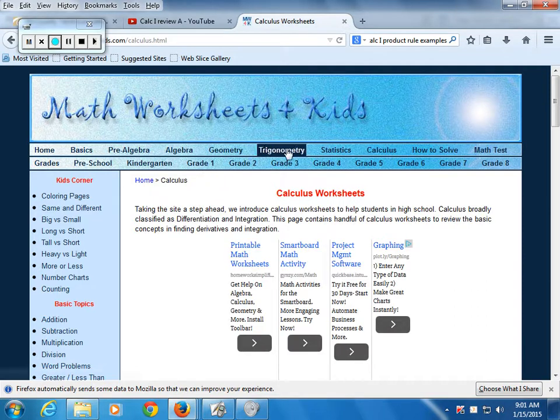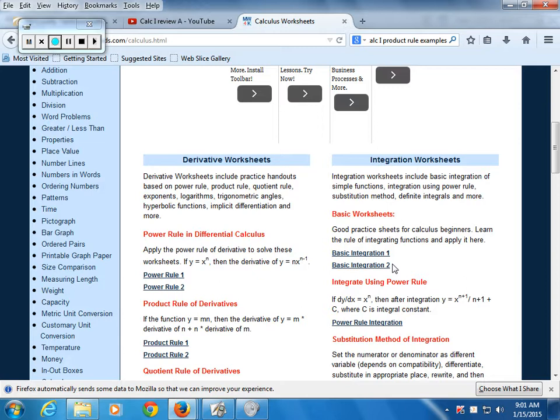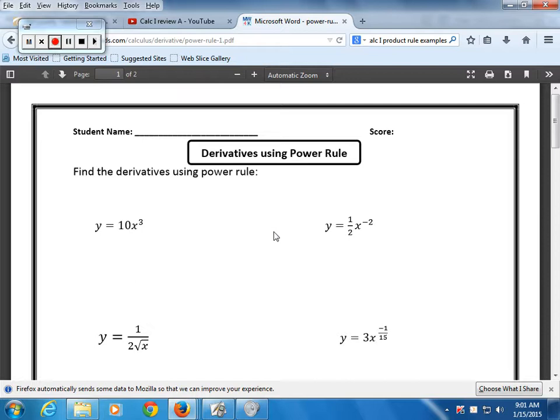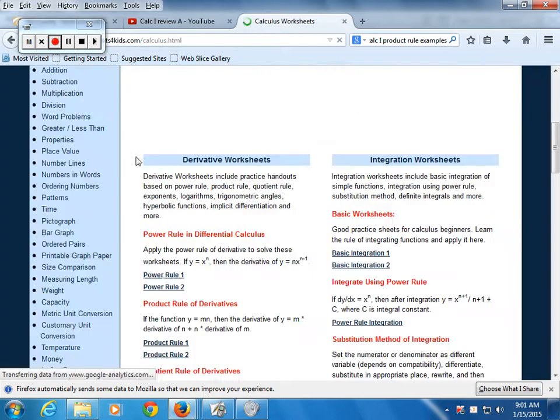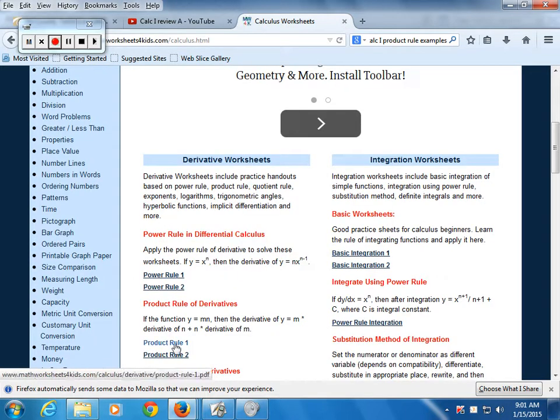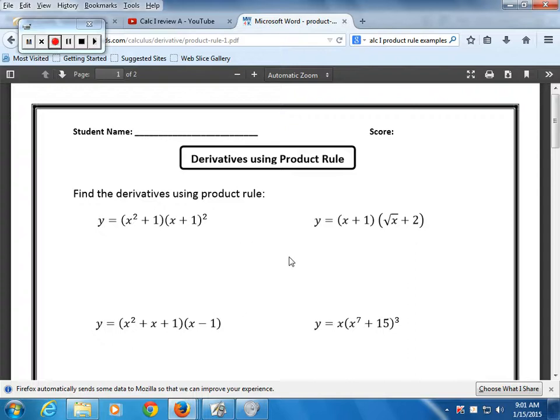Here we go, product rule, okay, yeah, that's what I'm looking at. Product rule, there we go. All right, there's one you can do right there.